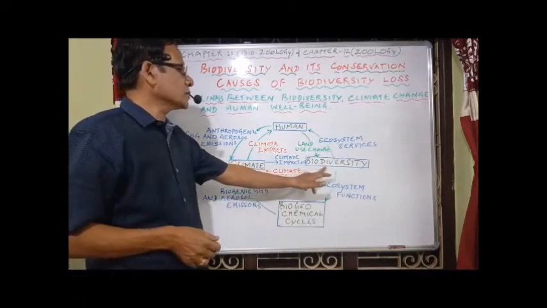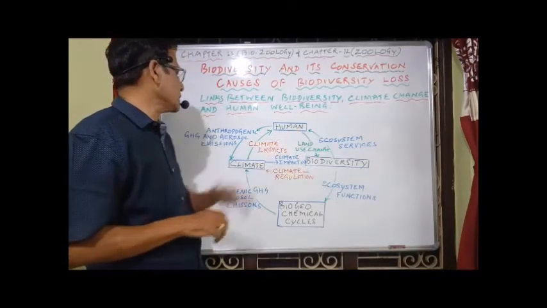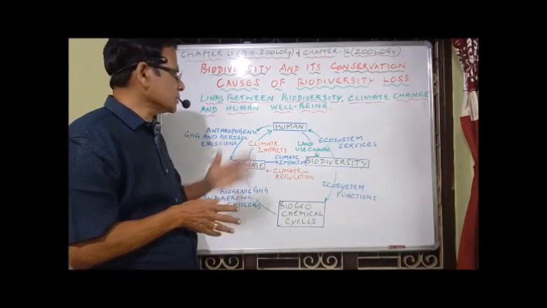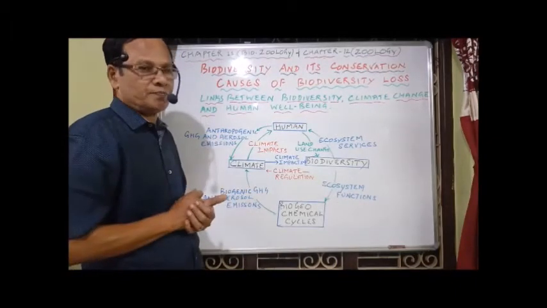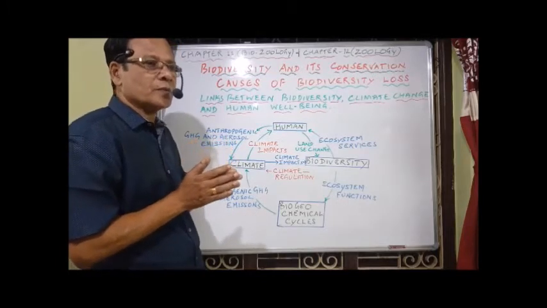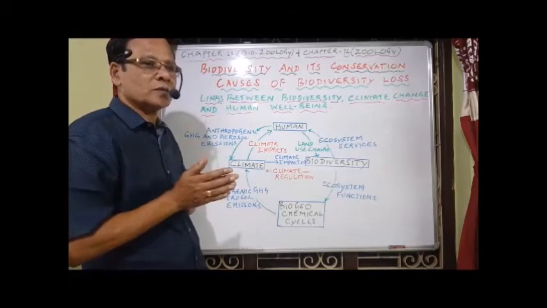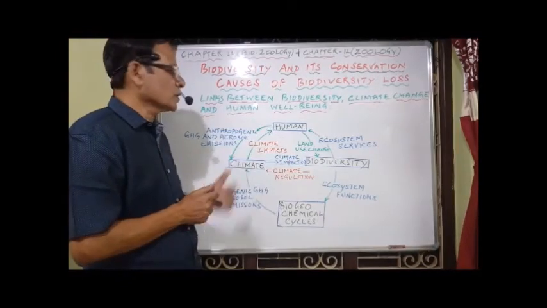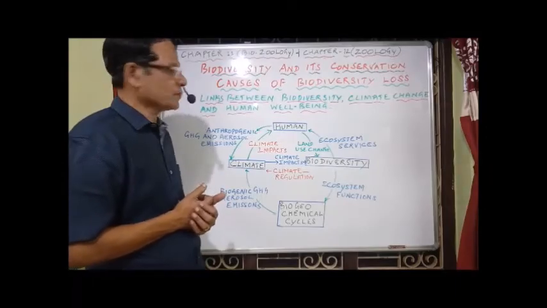Through its ecosystem services, the biodiversity provides better things to human life. So that's the link between biodiversity, climate, humans, and biogeochemical cycles. All are interrelated. This link is responsible for interdependent supply, for maintaining the climatic conditions, and for preventing the loss of biodiversity.